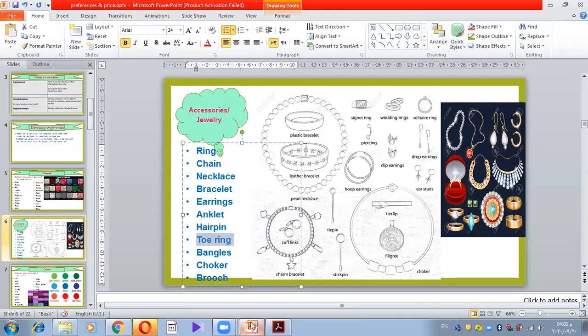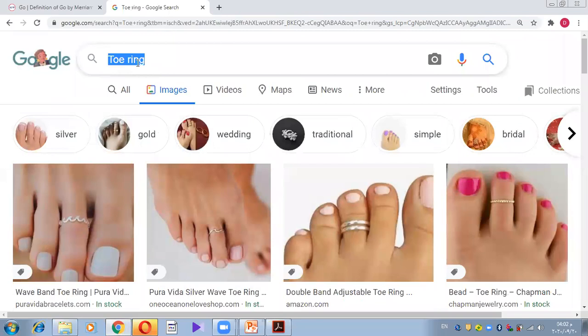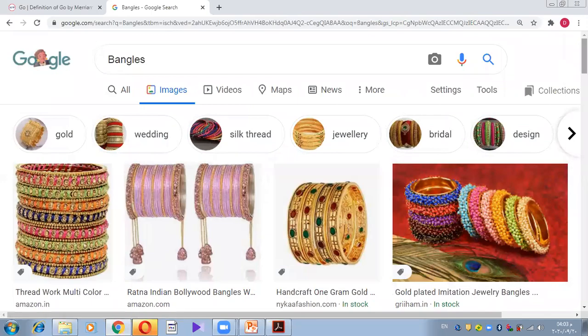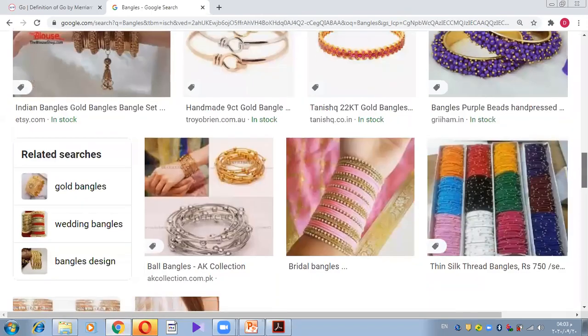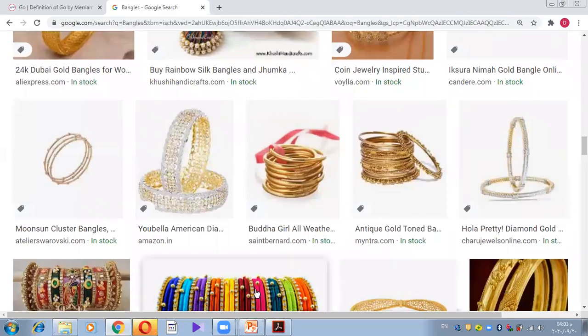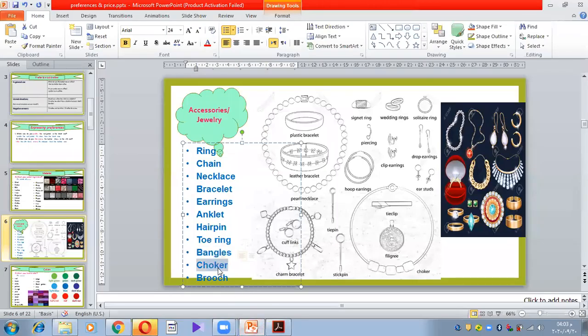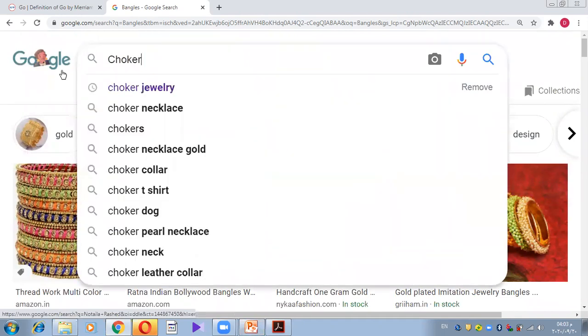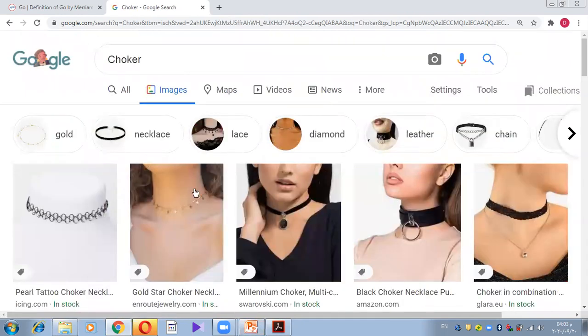They are mostly for females and feminine guys. Bangles, these are the bangles. Choker. That's it, that you wear close to your neck.